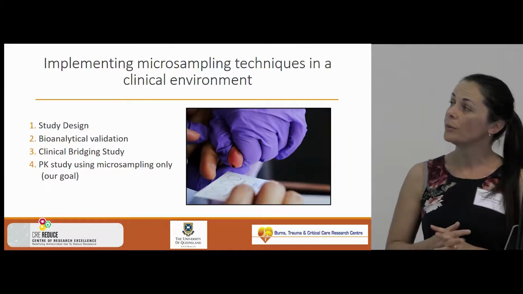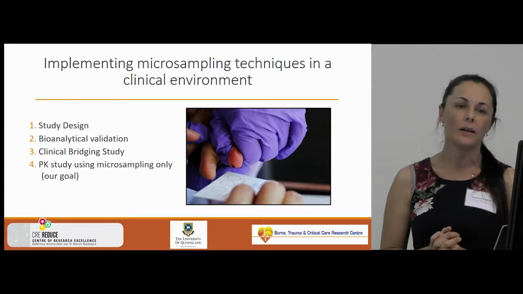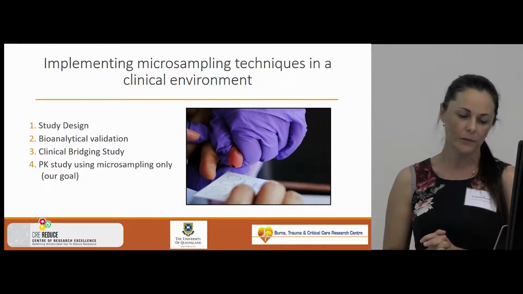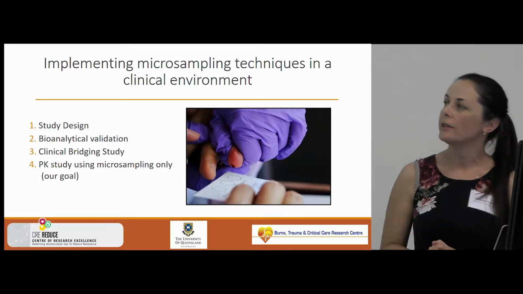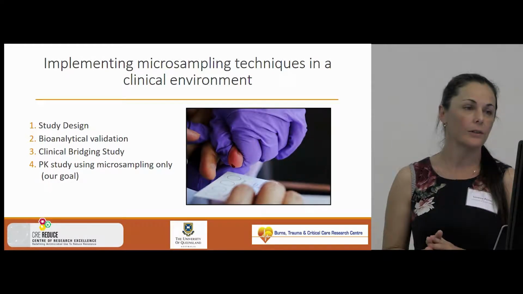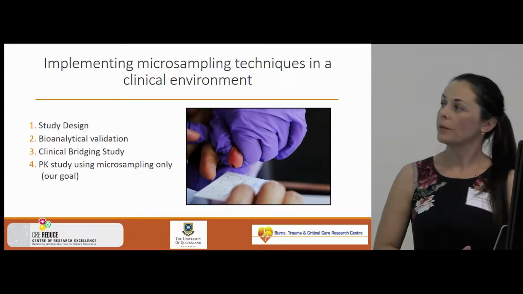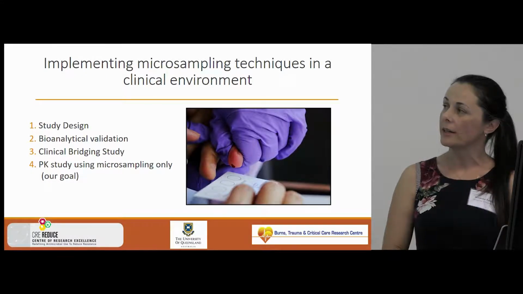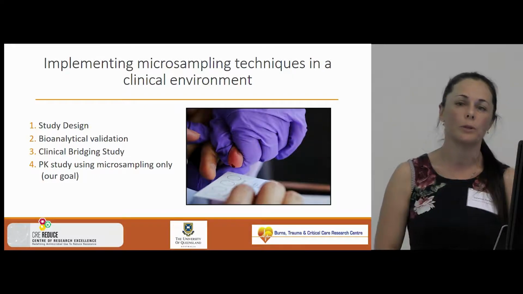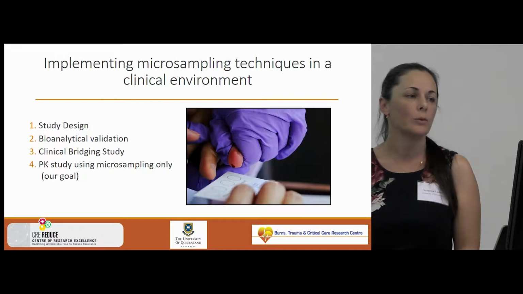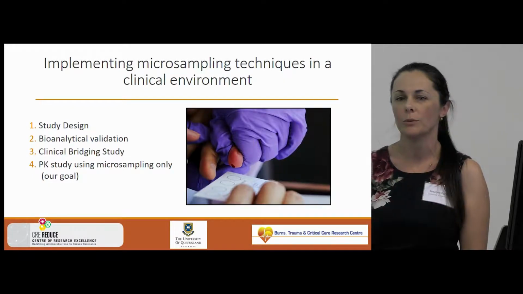Our clinical bridging study is where you compare a microsampling technique to the traditional gold standard of plasma sampling in patients. And this is also an opportunity to test arteriovenous sampling to peripheral sampling. We currently have a clinical bridging study underway at the Royal Brisbane Hospital in the ICU, and we're testing some microsamples in adults prior to moving them into a paediatric study.